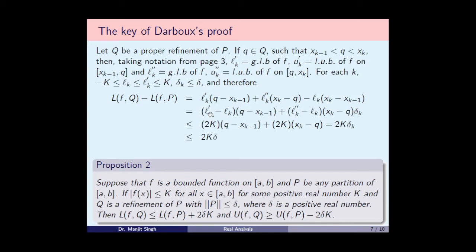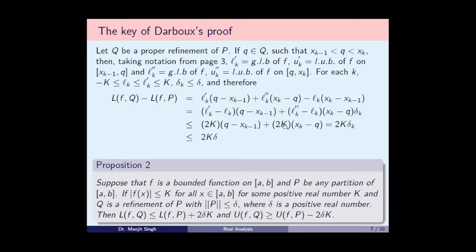If you replace, we see that the function is bounded by K, so the maximum oscillation of this expression will be 2K, so we can replace this value by 2K.